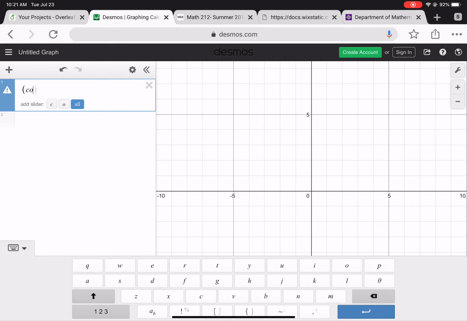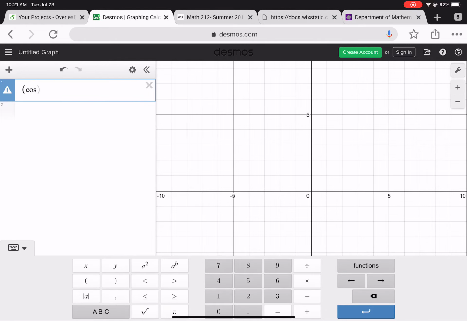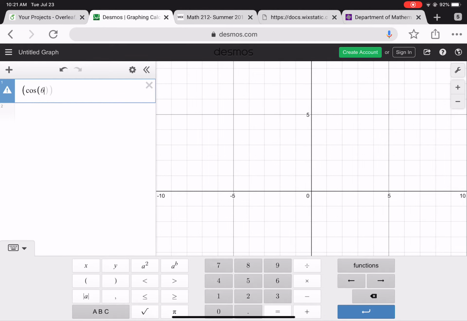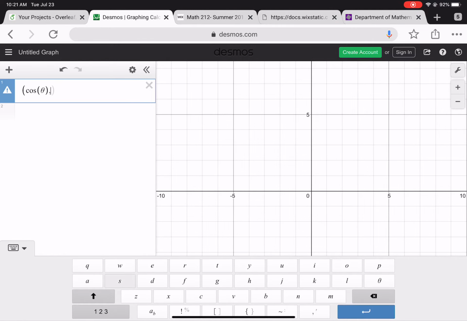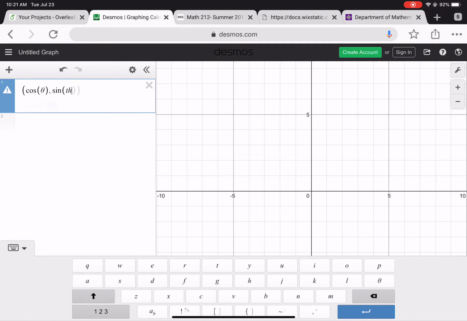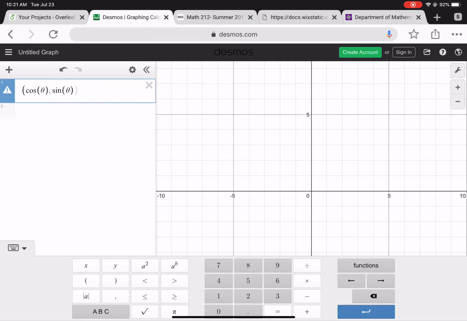And does it understand what theta is? Comma. And what should y be equal to? Sine theta. And why are we expecting this to create a unit circle? Because this will tell you a point that lies on the unit circle.